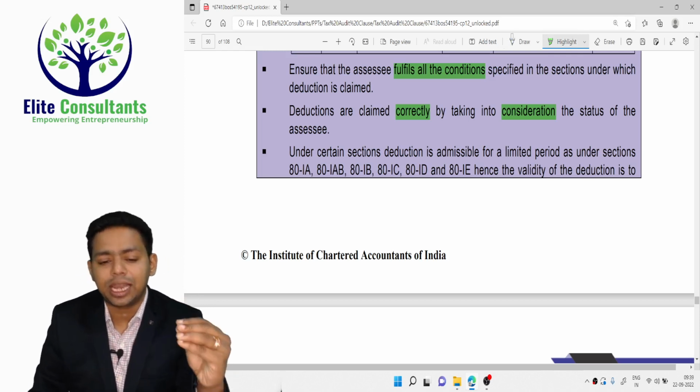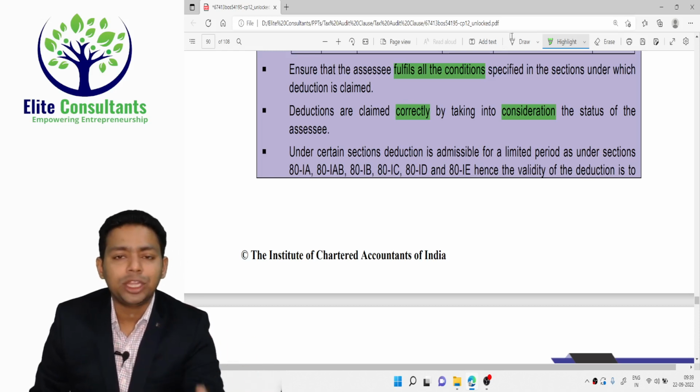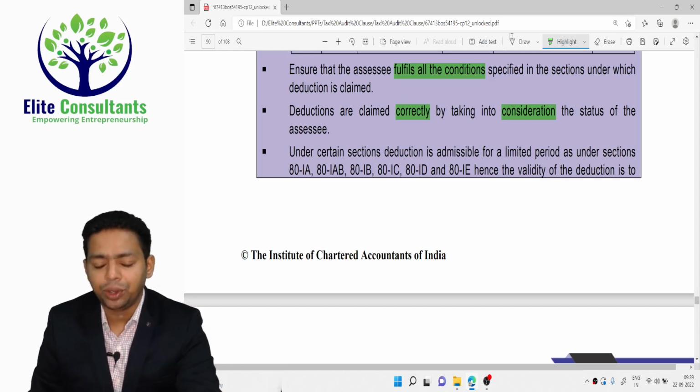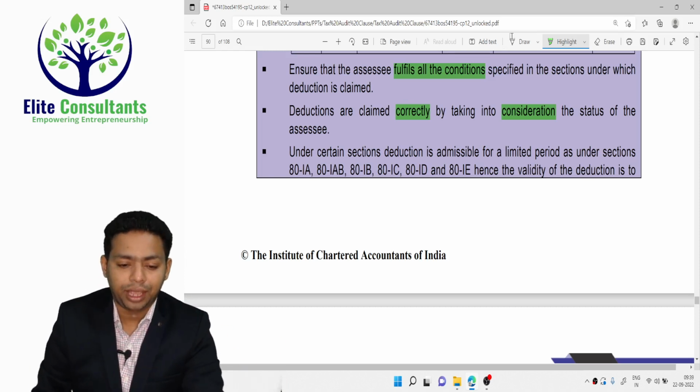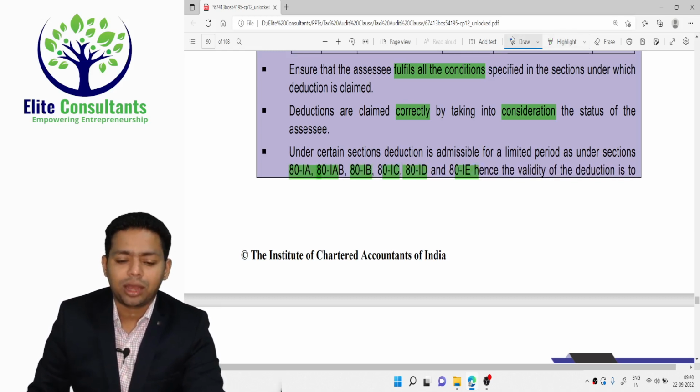If entity is claiming deduction in one of the 80IA series, then you have to be really thorough with these particular sections, and then please check whether all the conditions under 80IA, 80IAB, 80IB, 80IC, 80ID, 80IE, all these sections are complied or not.